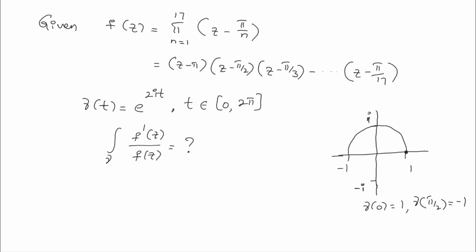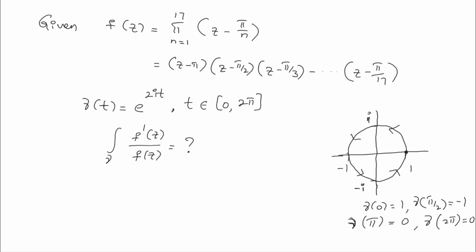When we move t more towards 2 pi, if you take another point 3 pi by 2, we get minus I. And when we keep moving towards 2 pi, we get gamma of 2 pi equal to 1 again. That means the curve gamma of t is nothing but this circle in this direction, anti-clockwise.